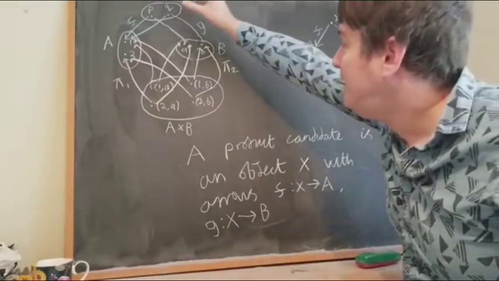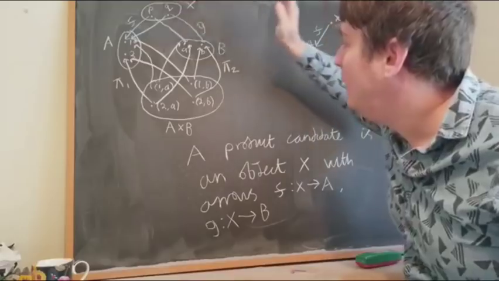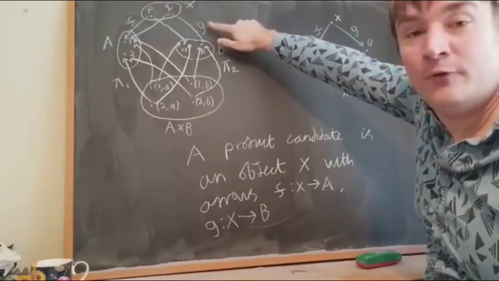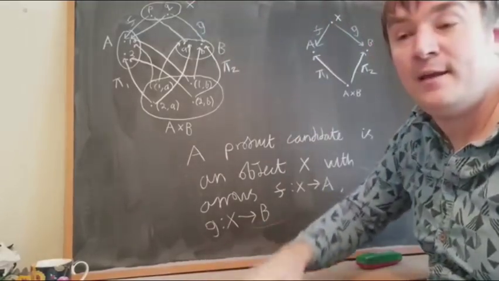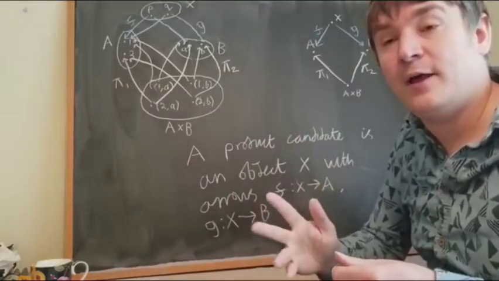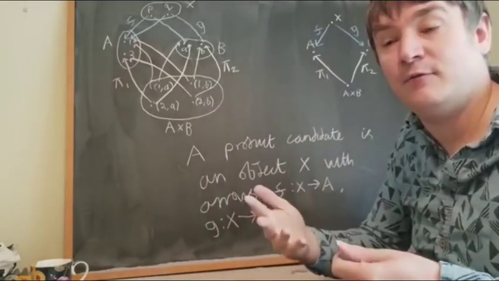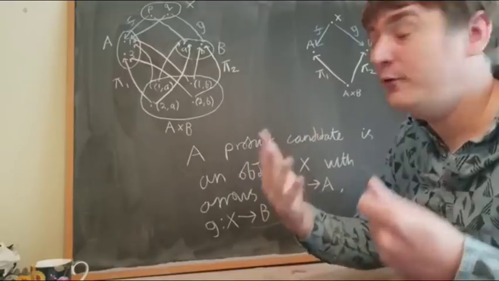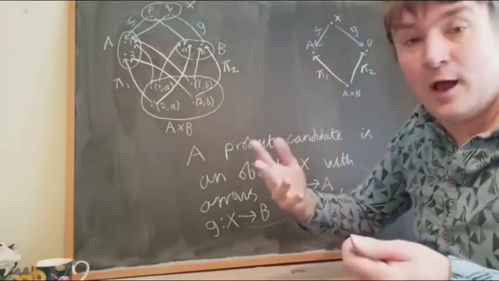And similarly, there's a way to sort of simulate what's happening with this function g. And there's a unique way to do that, and that's the definition of the product. So what does this unique way look like?